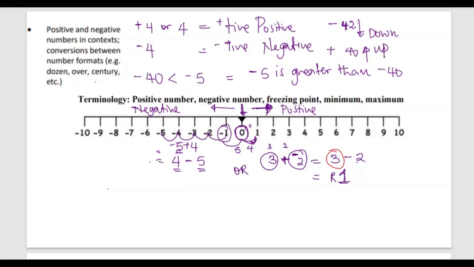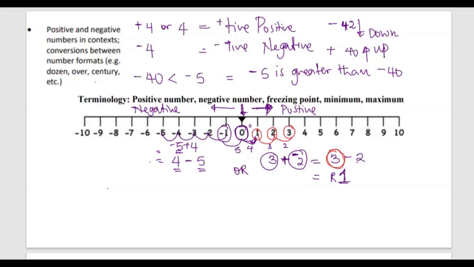Let me do that one of 3. We are at 3, and 3 is positive. Move 2 places from 3. So we have 1, then 2. All right. That's how we use a number line.